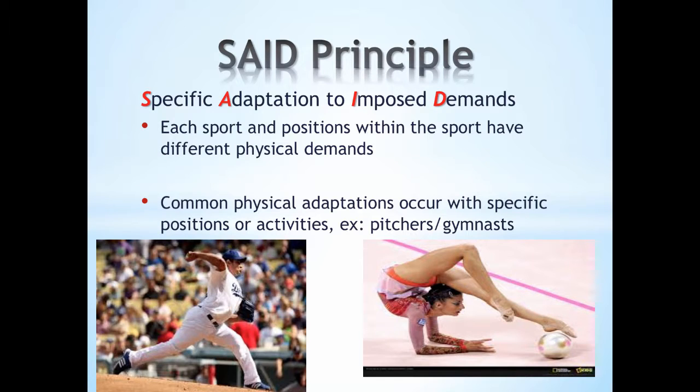So now is the SAID principle, so specific adaptation to imposed demands. Each sport and each position within a sport have different demands. So you see our two examples here in the pictures. You have a gymnast and you have a baseball pitcher. The demands placed upon their bodies cause their bodies to adapt. So you see how much external rotation this pitcher has.